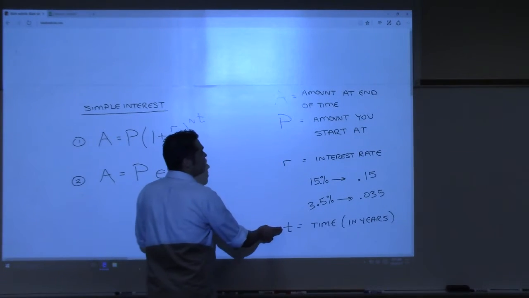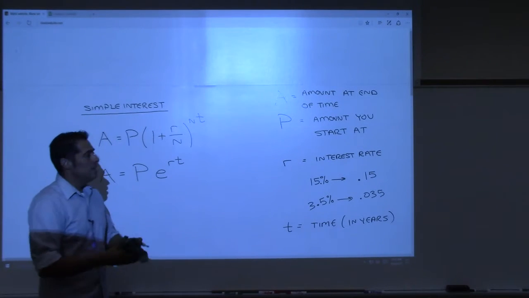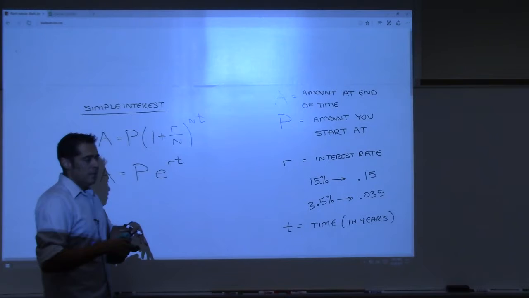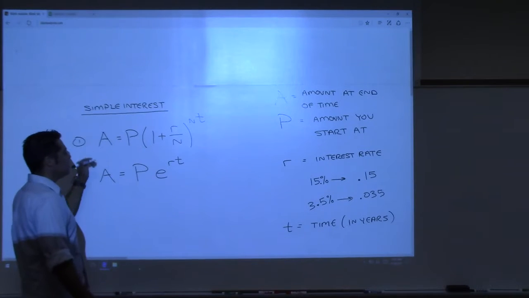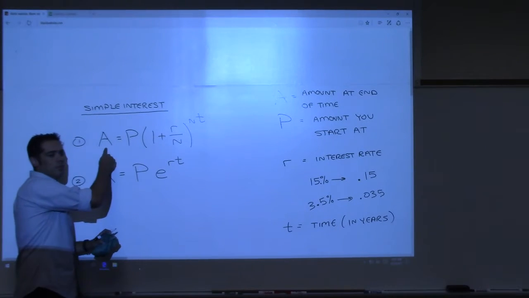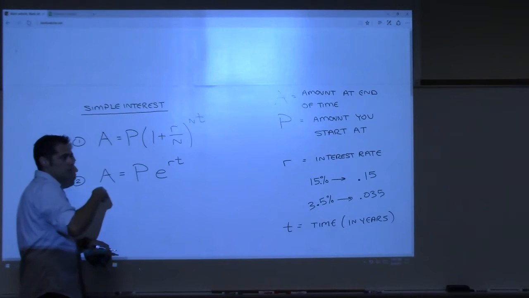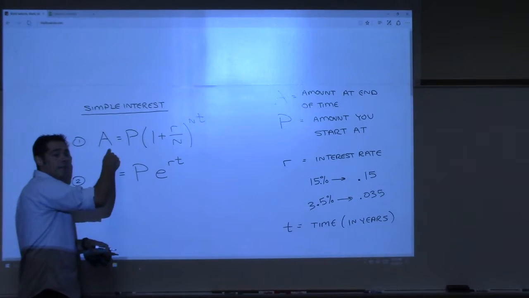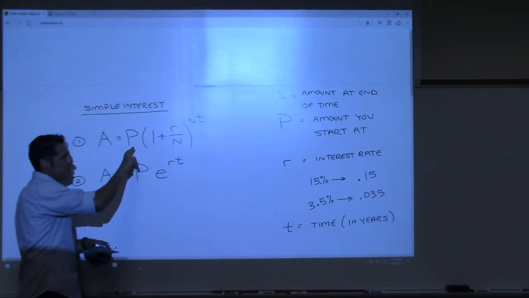If your time is 4 years, the A gives you how much is there, how much you owe, or how much you've gained at the end of that time period. So both of these formulas will tell you how much you will owe the bank after a certain amount of time, or if you're loaning money to the bank, it'll be the amount of money that you have now because they've paid you something. So that's what both these formulas give us.